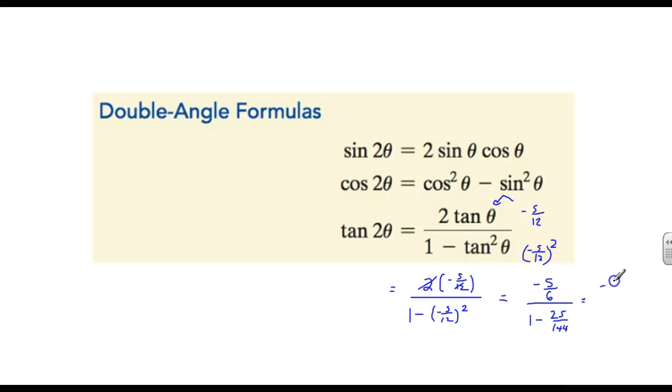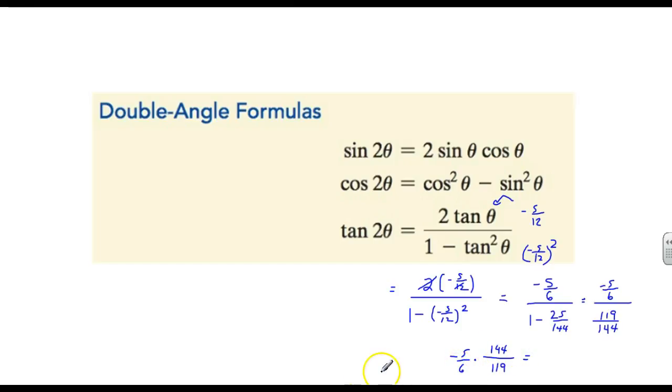So that's negative 5/6 on the top. 1 minus 25 over 144 is going to be 119 over 144. And then dividing, once again, we're going to multiply by the reciprocal. So negative 5/6 times, flip and multiply, we get a 144 on the top.